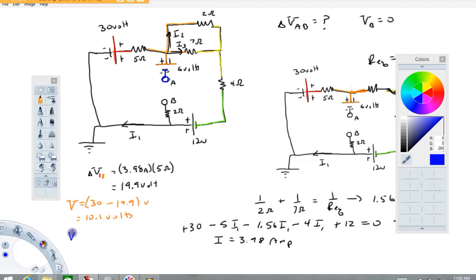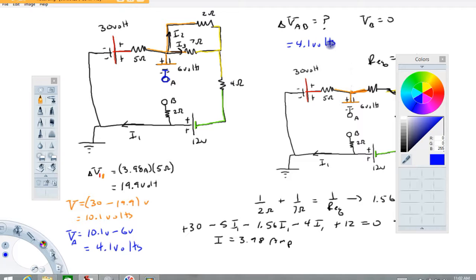So my blue potential is now going to be my orange potential, 10.1 volts, minus my drop in potential here of 6 volts, and I end up with 4.1 volts for the blue potential. All right, so B is at 0, A is at 4.1 volts, so the difference in potential between them is 4.1 volts.